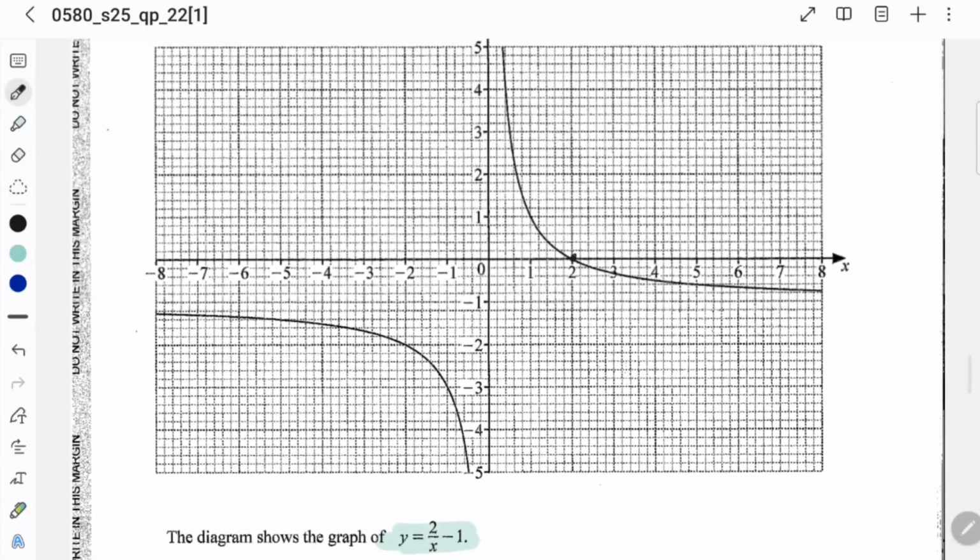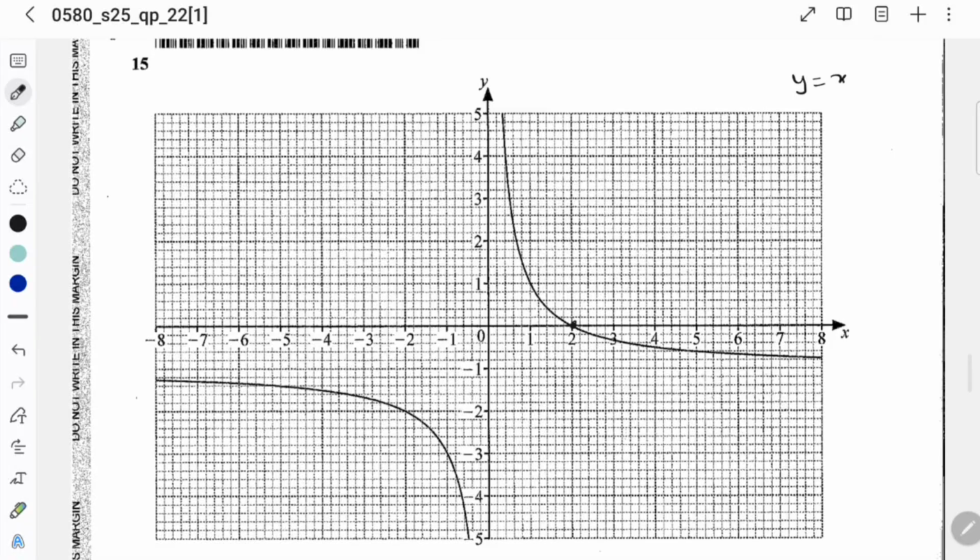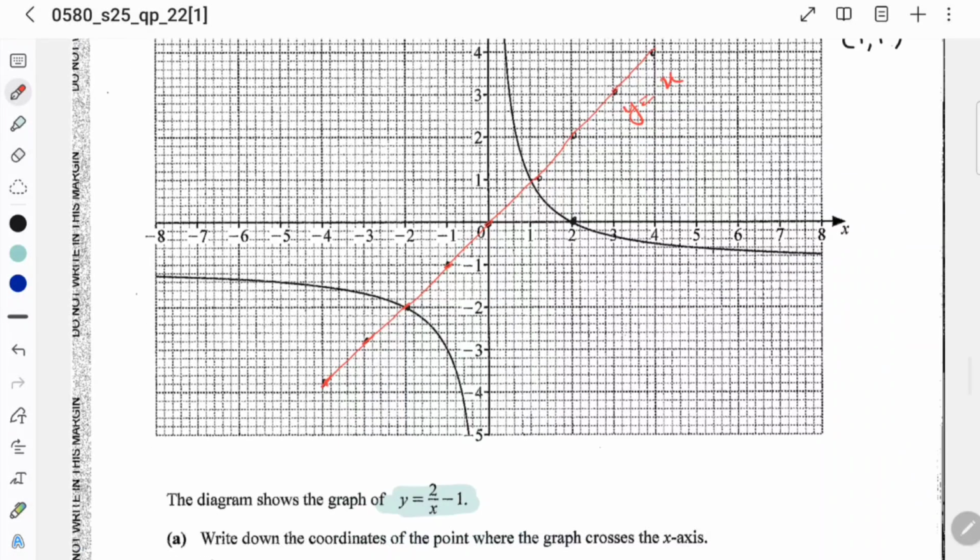Y equals x, we know the coordinates for y equals x are 0, 0, 1, 1, 2, 2, 3, 3, like this. So just draw the line 1, 1, 2, 2, 3, 3, like this, and join it. This is the line for y equals x. Okay, we have drawn the line.